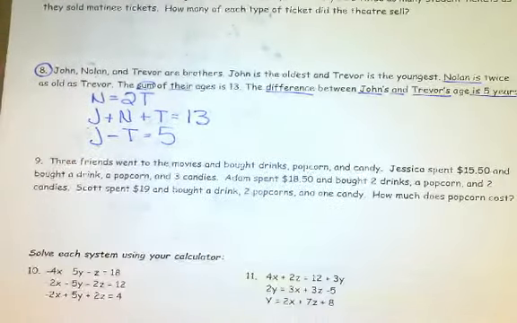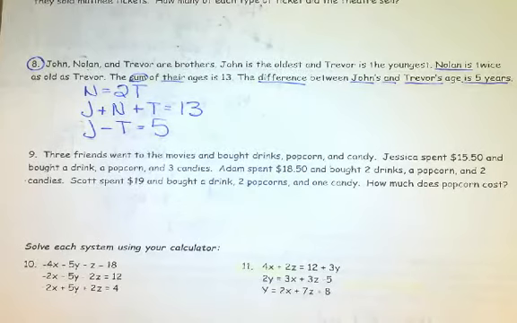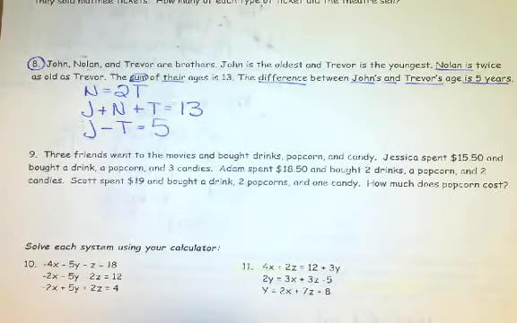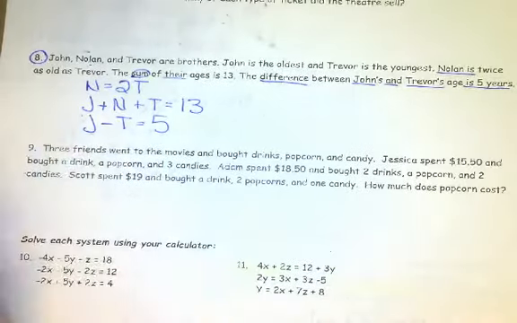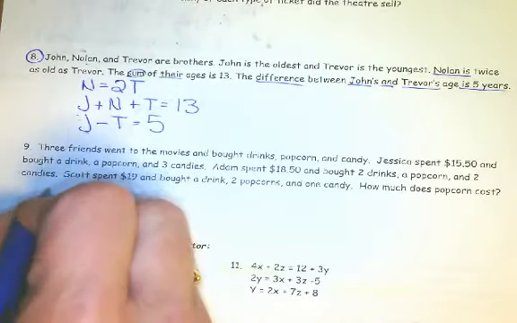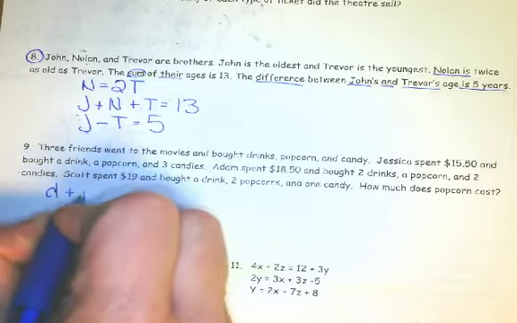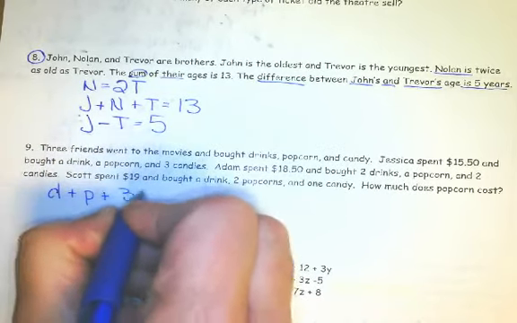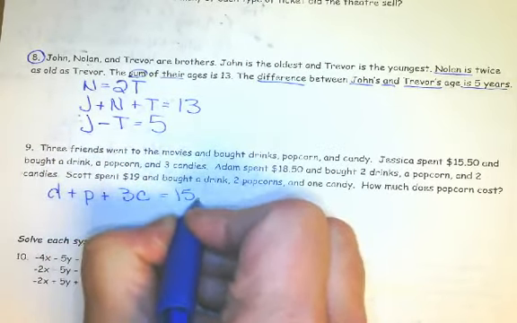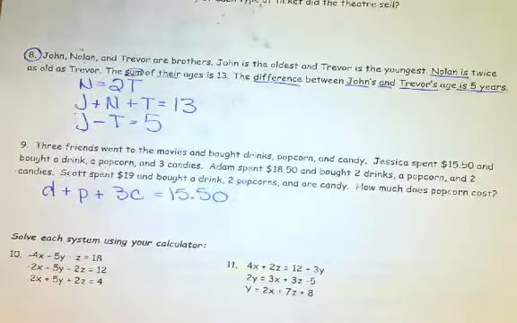All right, down here it says 3 friends went to the movies and bought drinks, popcorn, and candy. Jessica spent $15.50 and bought a drink, a popcorn, and 3 candies. Okay, so my equation for Jessica is going to be a drink plus popcorn plus 3 candies equals $15.50.